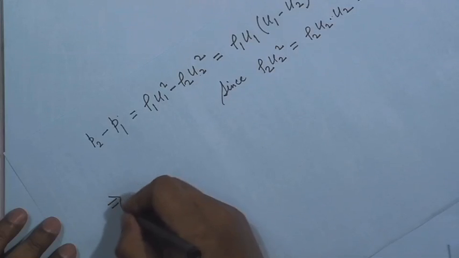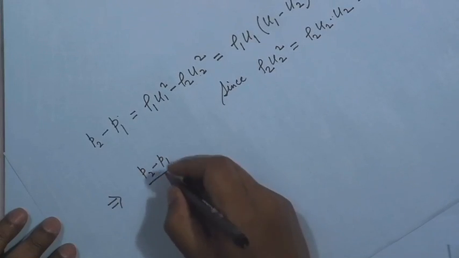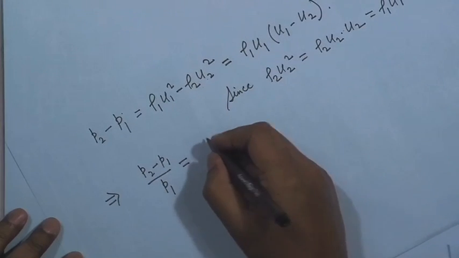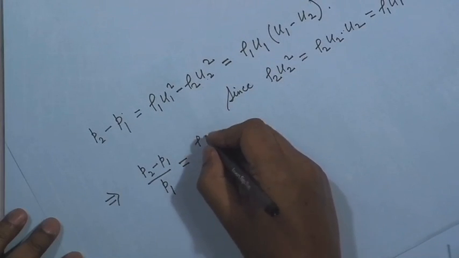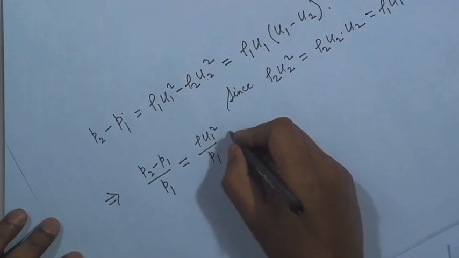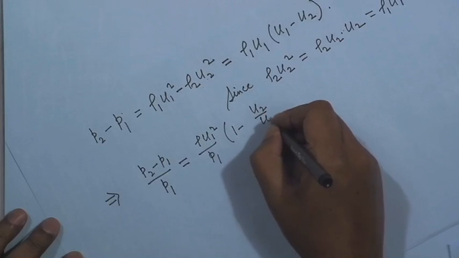Hence, we get the pressure rise P2 minus P1 by P1 as rho1 u1 square by P1 into 1 minus u2 by u1.